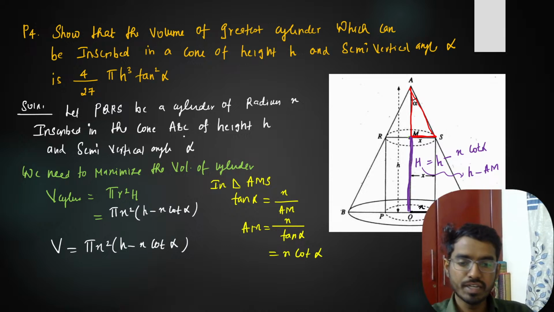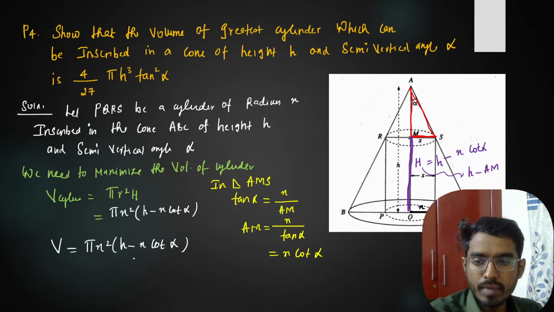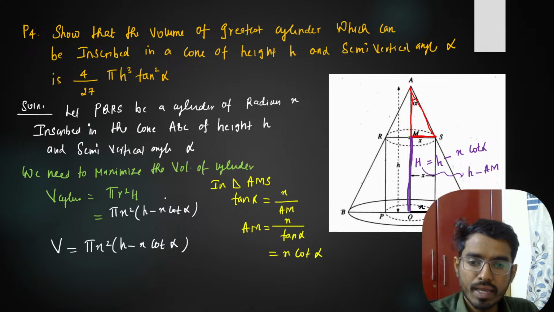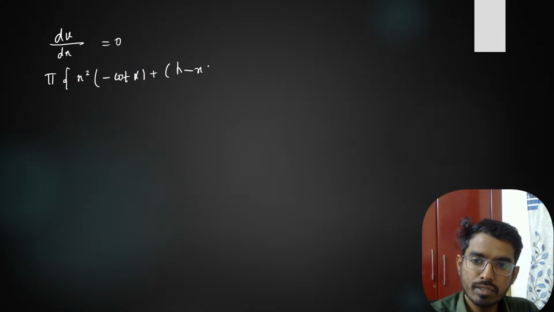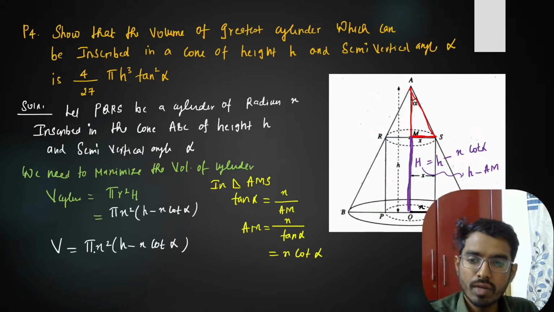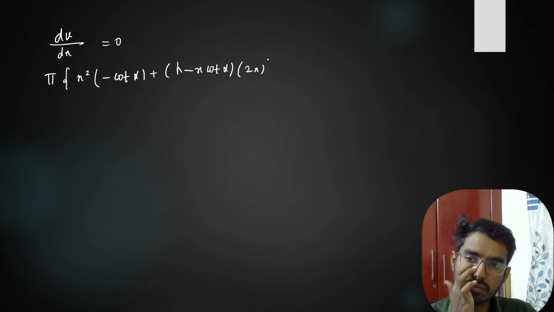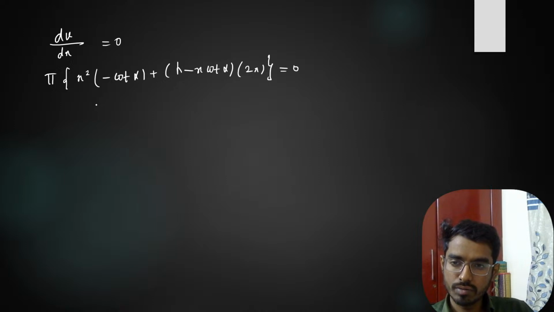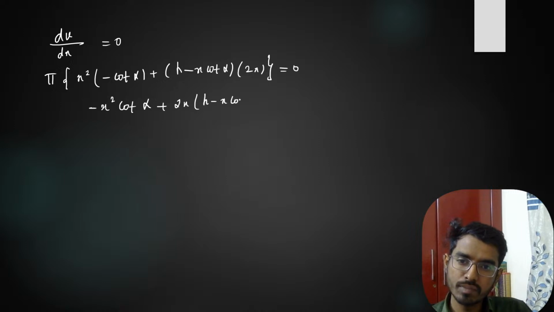Now we will differentiate this. We keep x square as it is and differentiate the other factor: the derivative of h is 0 and the derivative of x is 1, so we get minus cot alpha. Then we keep h minus x cot alpha as it is, and the derivative of x square is 2x, equal to 0. Pi will be taken out. So minus x square cot alpha plus 2x into h minus x cot alpha is equal to 0.